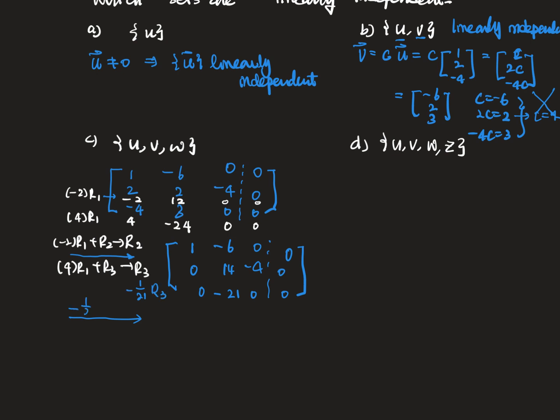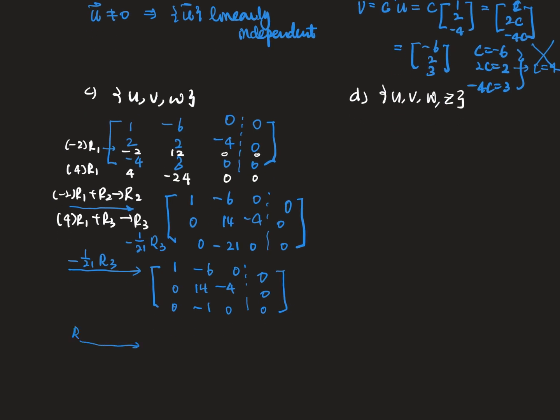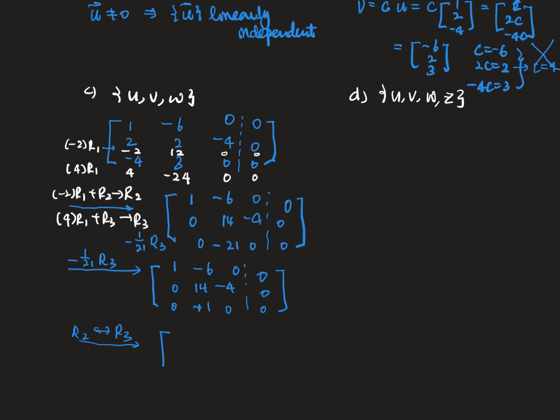Then I switch R2 and R3, getting the rows 1, negative 6, 0, 0; 0, 1, 0, 0; 0, 14, negative 4, 0.